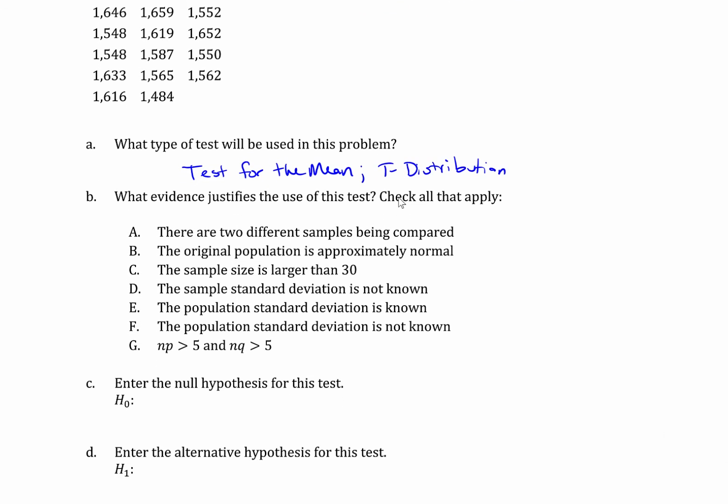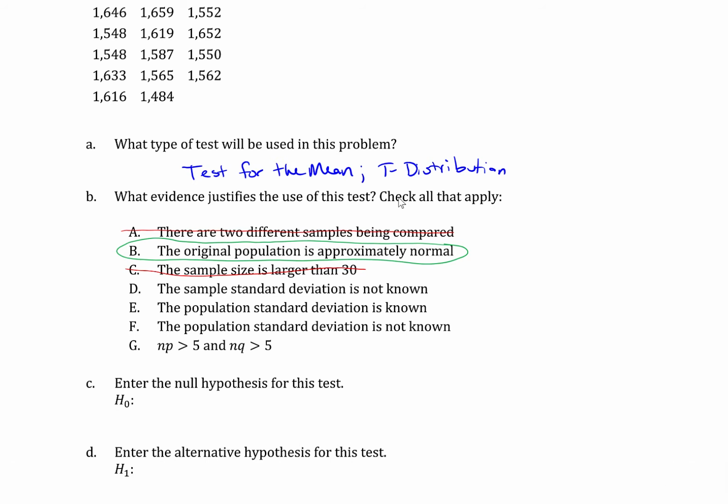As for the evidence that justifies the use of the test, let's walk through the options. There are two different samples being compared? That's not true. The original population is approximately normal? That is true, and that helps justify the use of the t-distribution. Sample size is larger than 30? That's not the case in this situation.